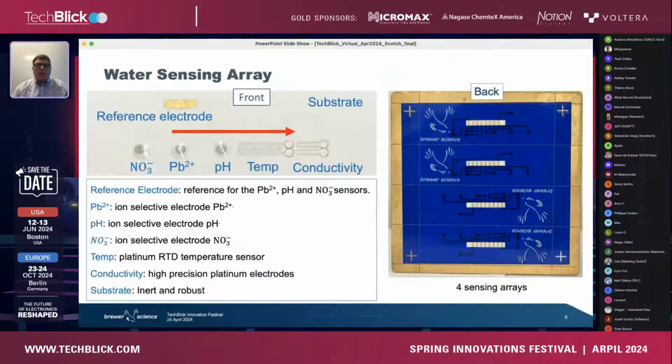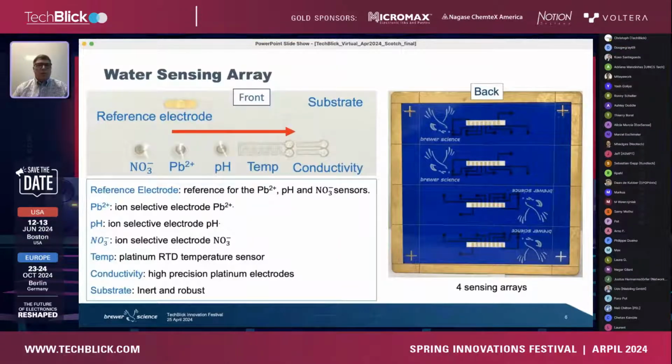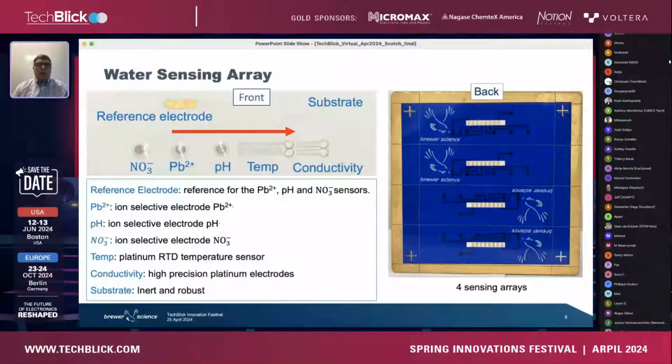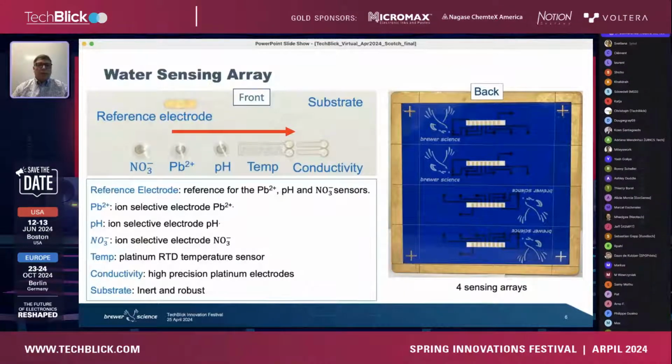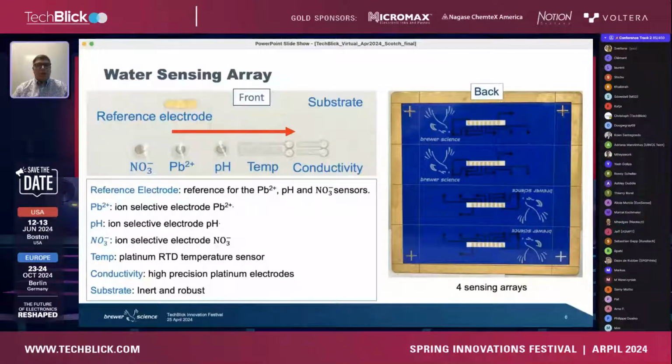So this is a zoom in of the actual sensor. This is a water sensing array. On this array, it's basically a substrate, which we have multiple electrodes mounted on. So we have a reference electrode, and we have a series of electrodes, and we can add as many or as few electrodes here as we like.